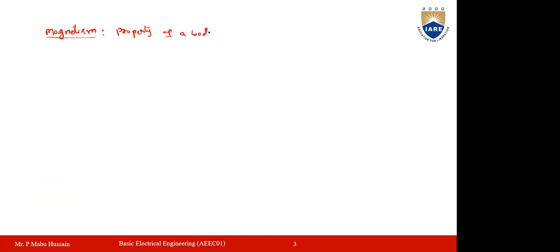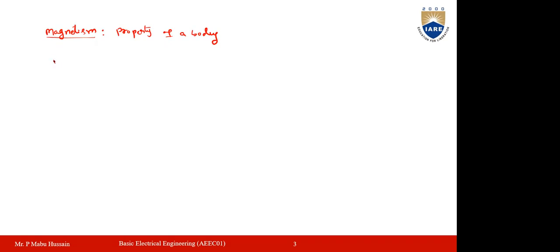Because of this property, that body will have the tendency of either attracting or repelling iron parts. So magnetism is the property of a body by which it may attract or repel some other metals, right?